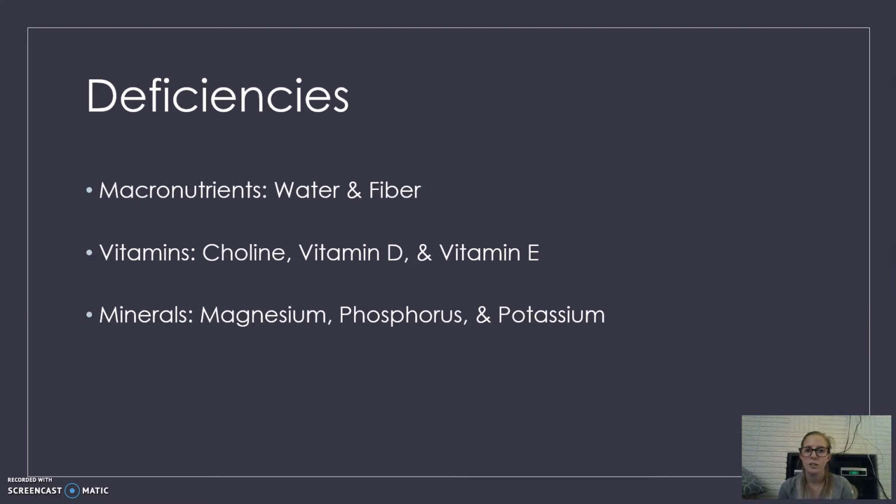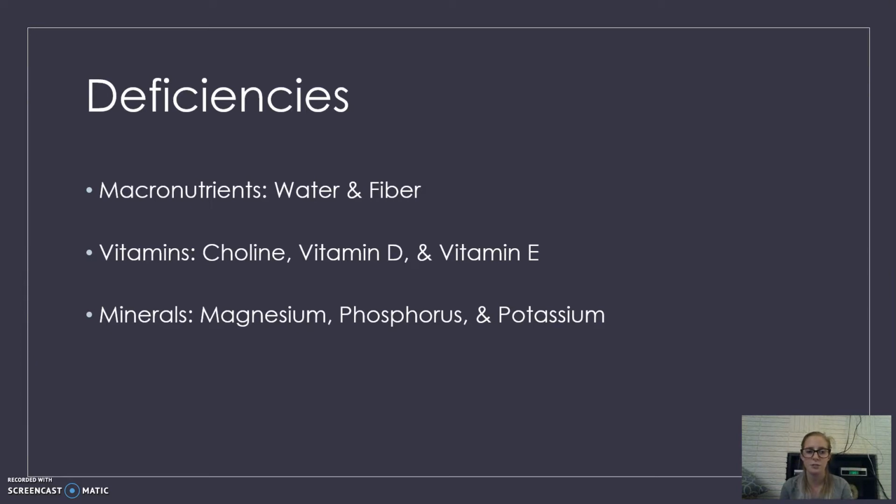Her fiber was low, which can definitely lead to constipation, and with fiber being soluble or insoluble, you're going to get a lot of health benefits with cholesterol, bringing down your bad cholesterol and bringing up good cholesterol. So she'd be missing out on a lot of that by not getting enough fiber.